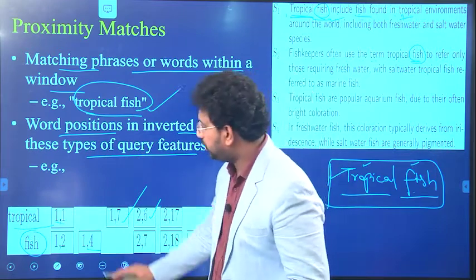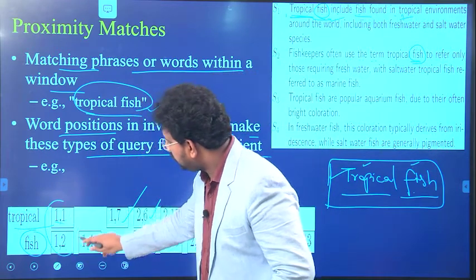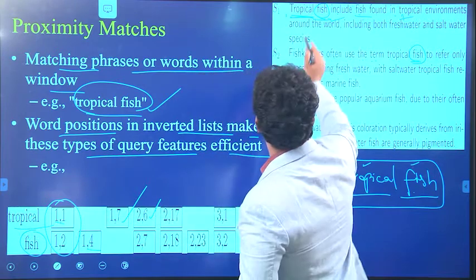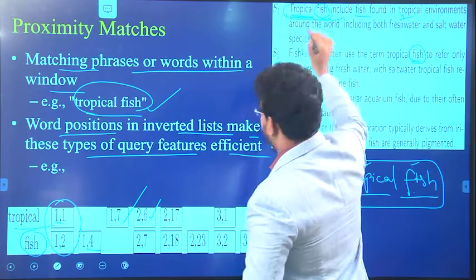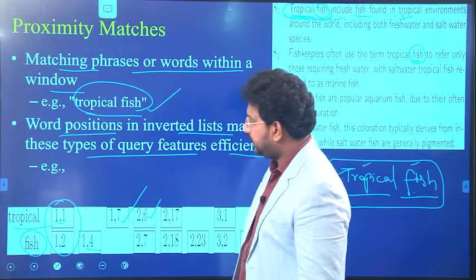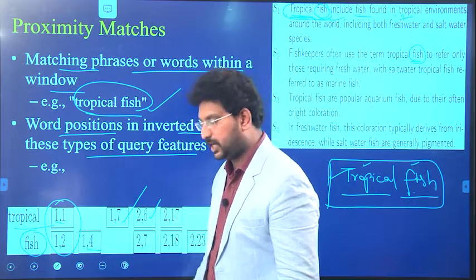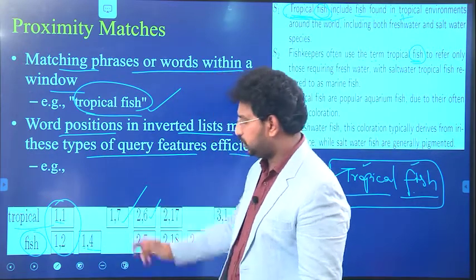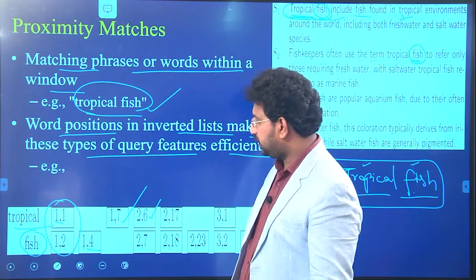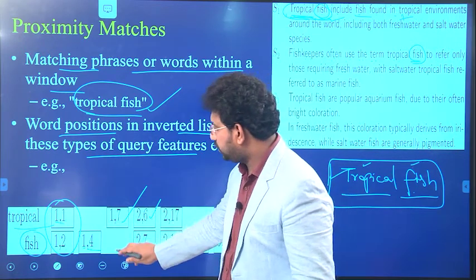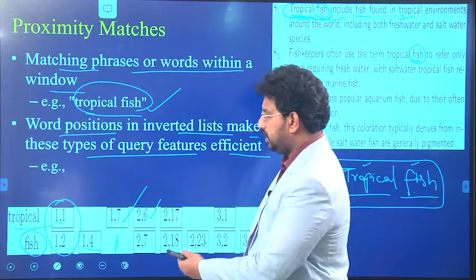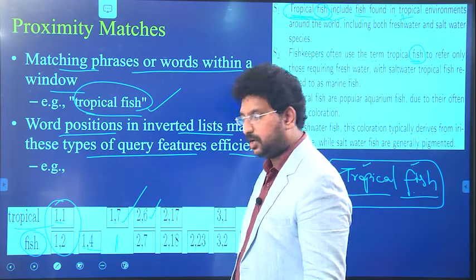Within the one window, position 1 1 is followed by 1 2, in the first two positions. Next there is only 1 4, with no preceding tropical, so you do not find the phrase. Again at 1 7, there is no fish in that position or after it.